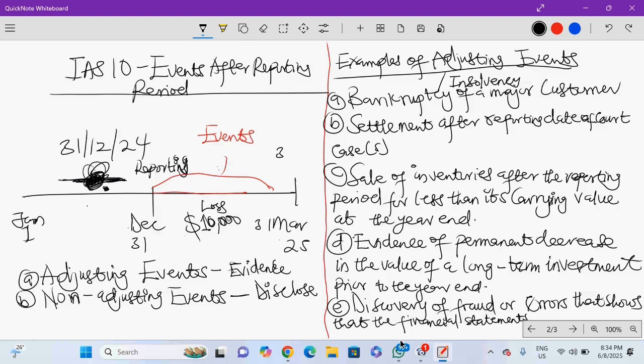So disclosure is like writing a note. I believe when we were preparing the financial statement, we saw something like note one, footnote one, footnote two, footnote three, the additional information. You have to disclose it as additional information one: there was a natural disaster on 2nd February 2025, right? So you disclose it in the financial statement.